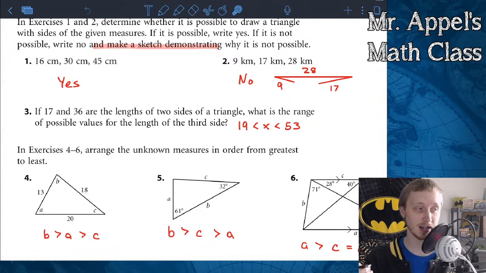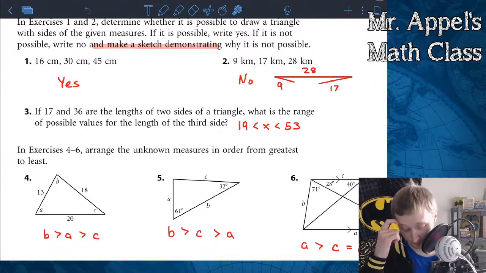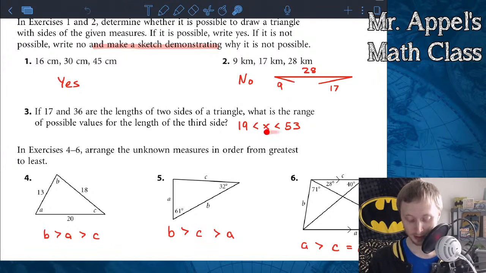What if the third side is actually smaller? Then the 36 would end up being the biggest side. And so 36 can't be any bigger than 17 plus something else. So you take 36 minus 17 and get 19. That's your low end. So it has to be between those two numbers. Any questions there?